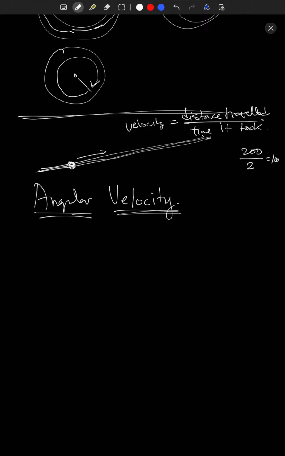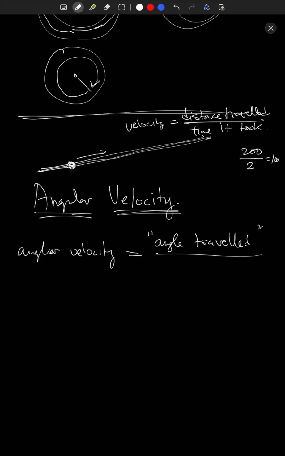So angular velocity is the same idea, except angular velocity is not going to be distance traveled, it's going to be angle traveled, in quotes, over time it took. All right, so what I mean by that is if I have the center of my circle, and I'm traveling around in circular motion, let's say I travel to here, okay?